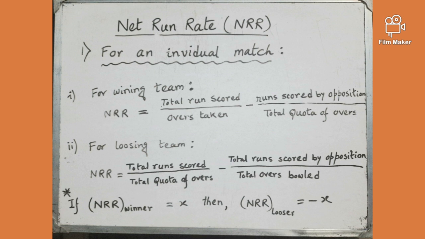Note that if the net run rate for the winning team is X, then the net run rate for the losing team will be minus X for a single match.